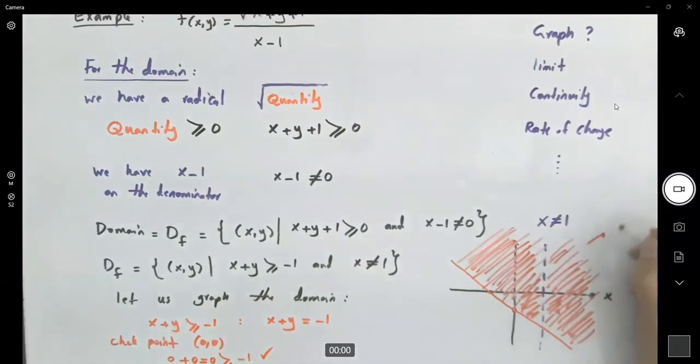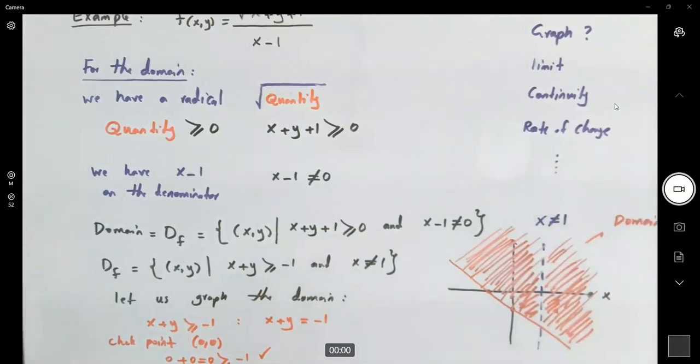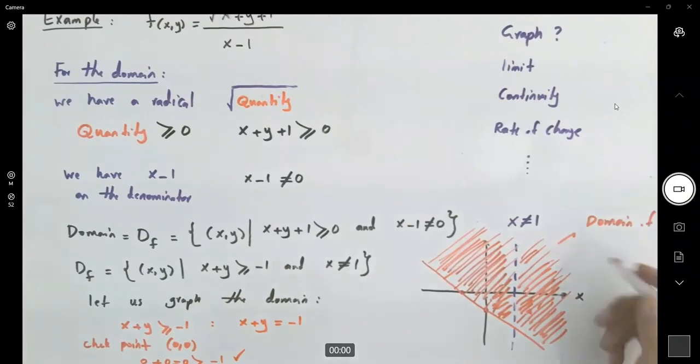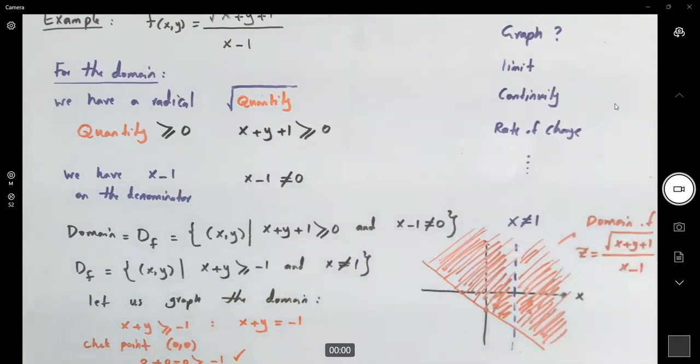This is the domain of z equals the square root of x plus y plus 1 divided by x minus 1. That's how we visualize the domain.